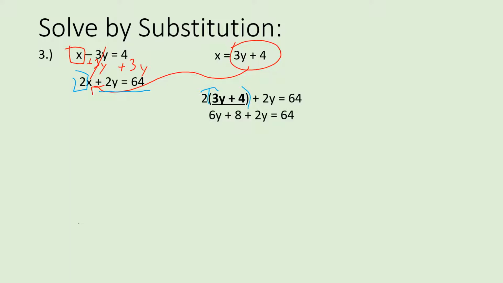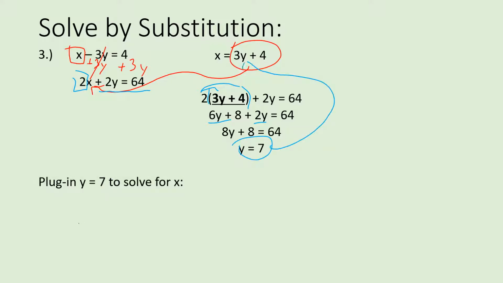Distribute, combine like terms, solve it out, y equals 7. Take that, plug it in. It's easiest to plug into the one that we rearranged. So 3 times 7 plus 4 gives us 25 for x. Now when we put this into our coordinate point, make sure that you have the x first. So 25 comes first, 7 comes next because that's the y.